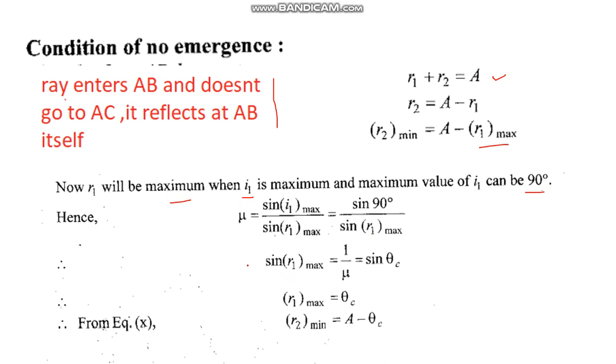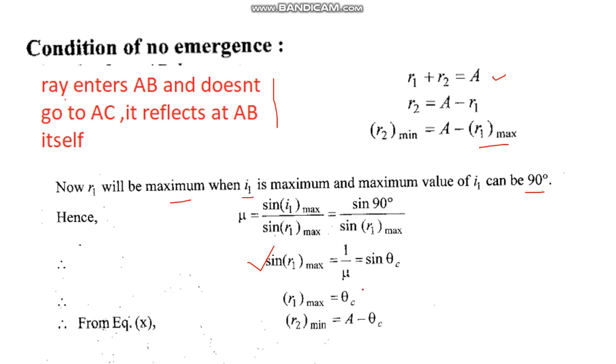So from here you can get the value of sine of R1 max, which is 1 divided by mu. But 1 divided by mu, if you remember, was the value of sine theta c, the critical angle. So sine R1 max is equal to sine theta c, or R1 maximum value can be equal to theta c only.